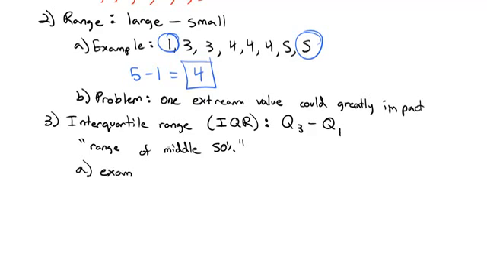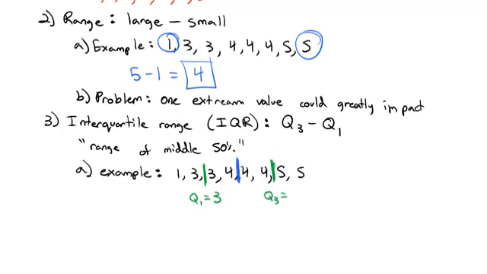So for example, with our data of 1, 3, 3, 4, 4, 4, 5, 5, we already said the median was between 4 and 4. The first quartile then, Q1, is between 3 and 3, which is just 3. And the third quartile, Q3, is between 4 and 5, which is 4.5.